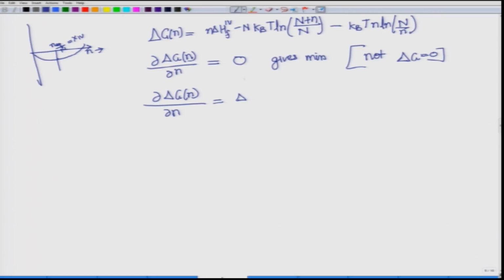If we differentiate this equation over here, this becomes delta h, and then minus T times the derivative of the first entropy term. Since there is an n over here, we get a factor, and if you take the derivative of ln of something, it becomes 1 over that.